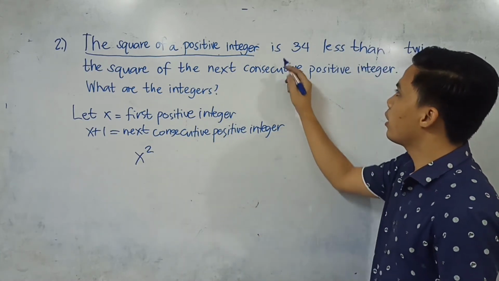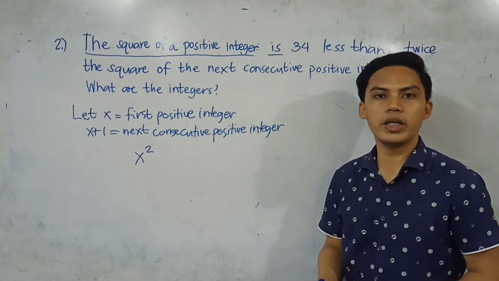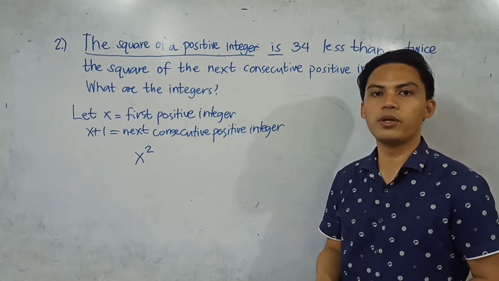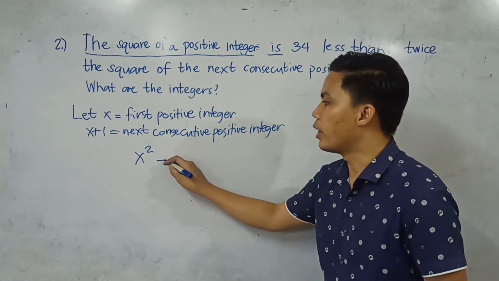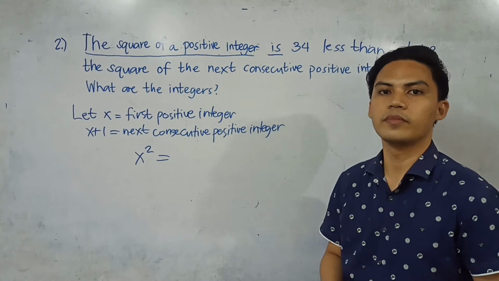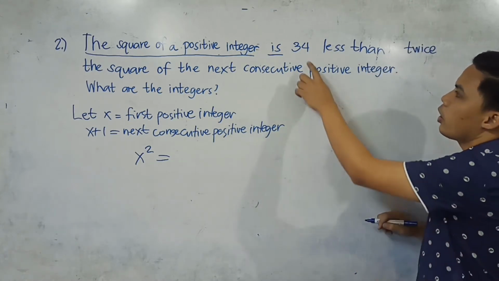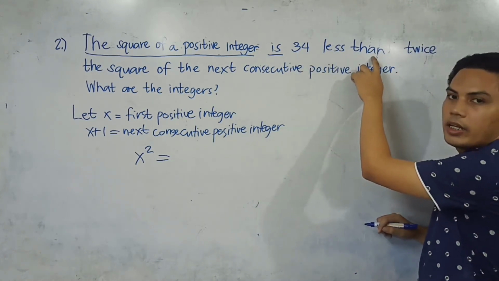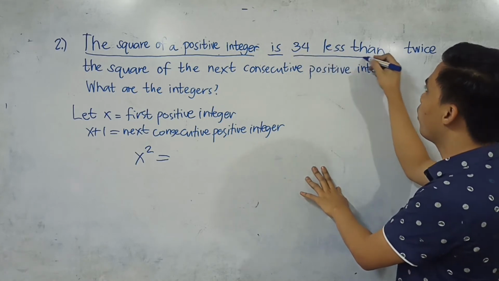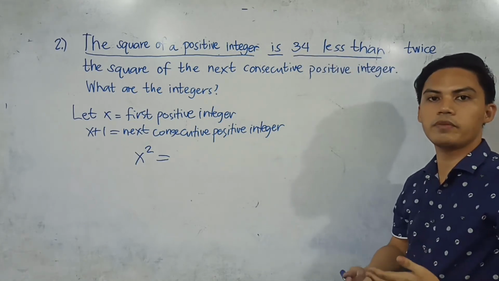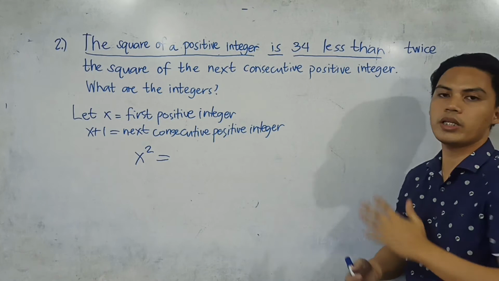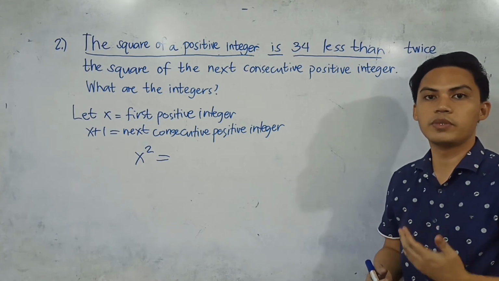Then next is, so yung word na is, again, in symbols would be written as an equal sign. Okay? Next is 34 less than. Okay. 34 less than. Pag sinabi natin 34 less than, yung word na less than signifies subtraction.